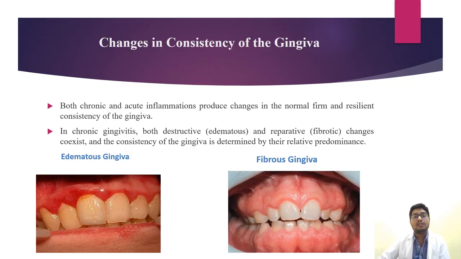Then, because of the immune response, there is again some collagen formation, so a reparative phase is also present in chronic gingivitis. You can see both types of consistency in chronic gingivitis patients, and the stage depends on the relative predominance of the reparative or destructive process, whether it is edematous or fibrotic.